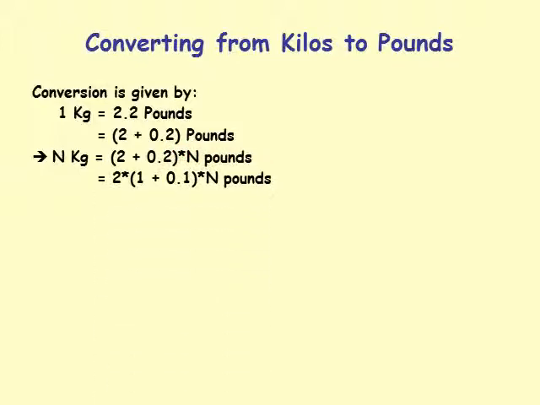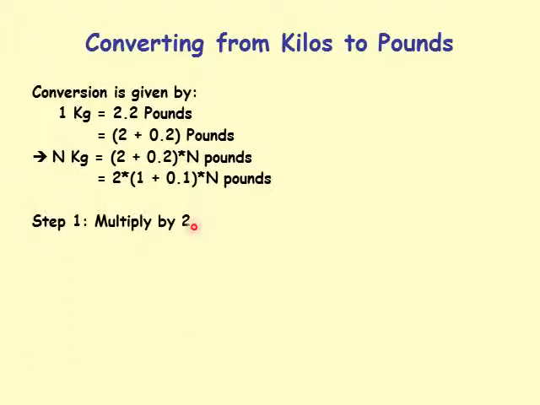That's equal to 2 times 1 plus 0.1 times n pounds. So instead of using 1 kilogram equal to 2.2 pounds, we implement it as 2 times 1.1.